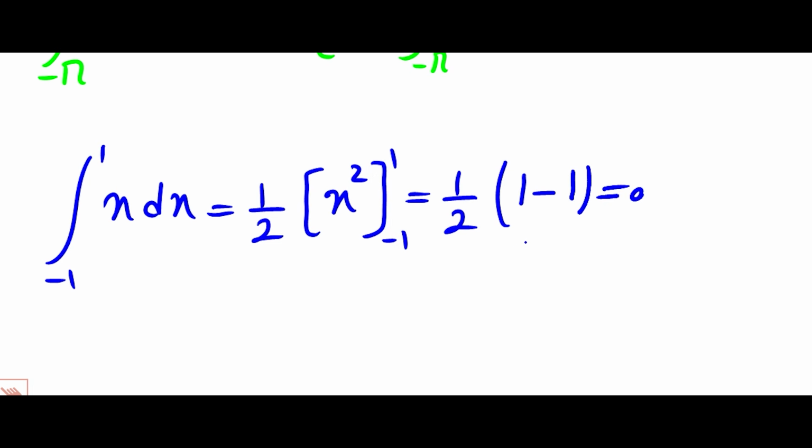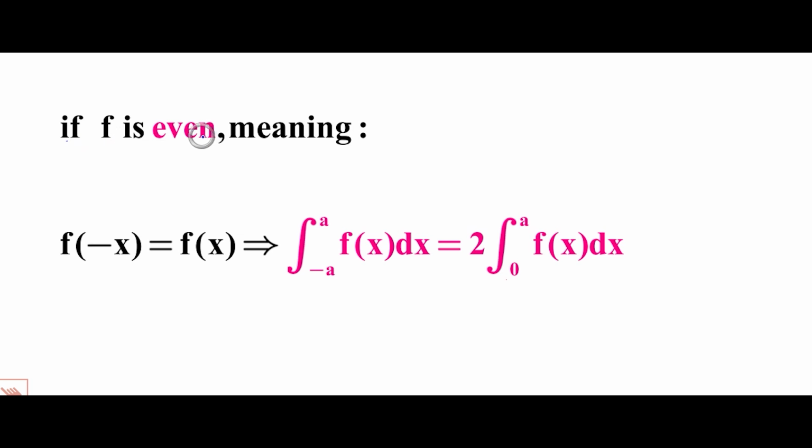So we have 0. And if f is even, meaning f of negative x equals f of x, then the integral of f of x dx from negative a to a is 2 times the integral of f of x dx from 0 to a, right?